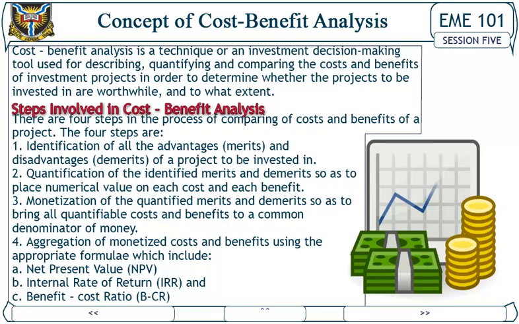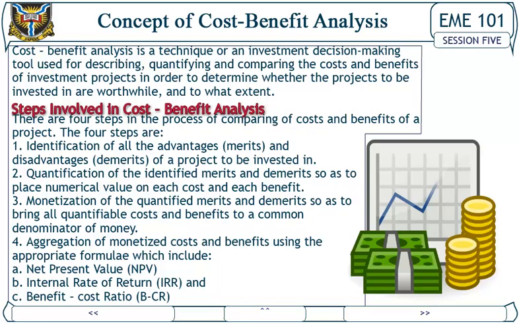Steps involved in cost-benefit analysis. There are 4 steps in the process of comparing cost and benefits of a project. The 4 steps are: identification of all the advantages, merits and disadvantages, demerits of a project to be invested in. Quantification of the identified merits and demerits, so as to place numerical value on each cost and each benefit.